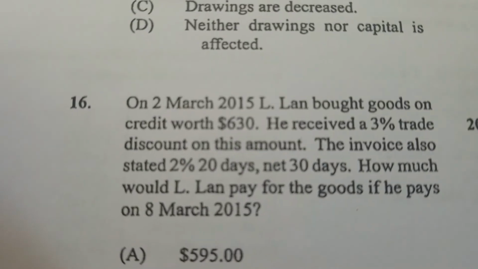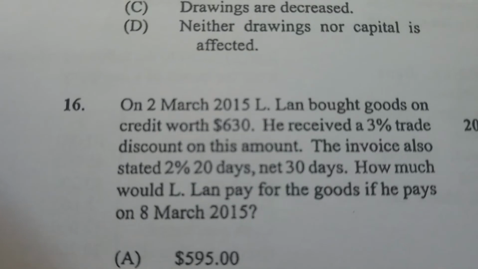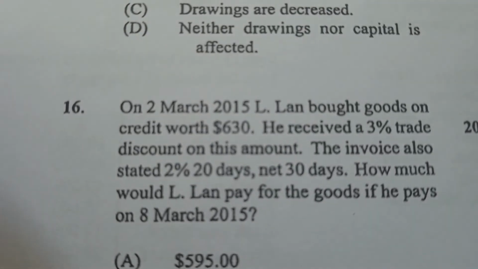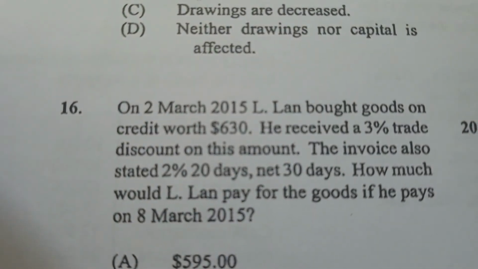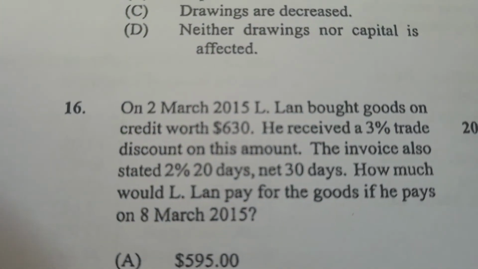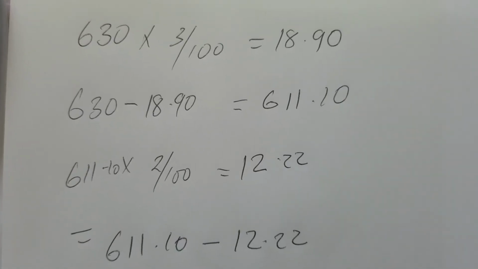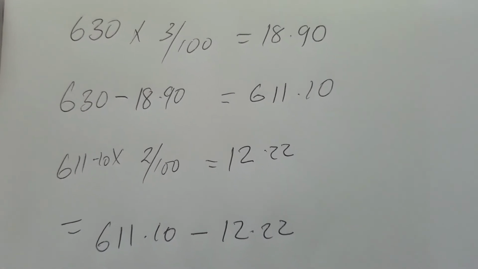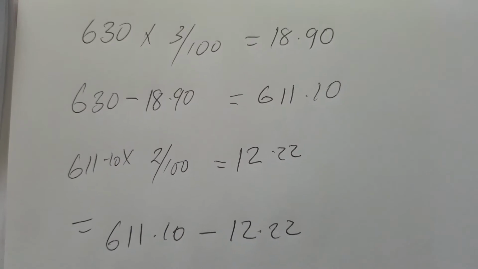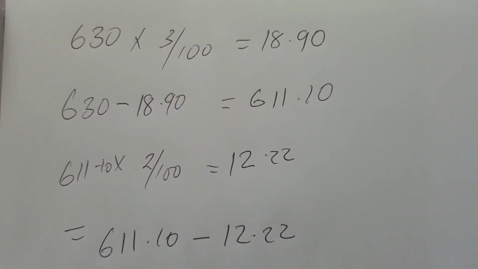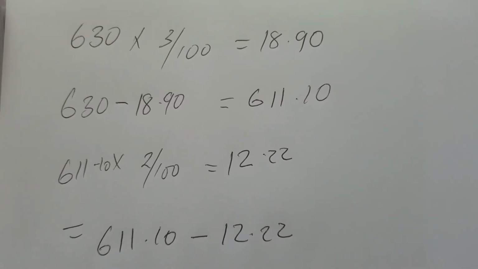So when we look at this, we first will find 3% of the $630. We'll subtract that percentage from it, and that will be the amount he should pay for cash. Okay, so this is how it will be worked out. 3% of the $630 would have been the trade discount. So that is $18.90.